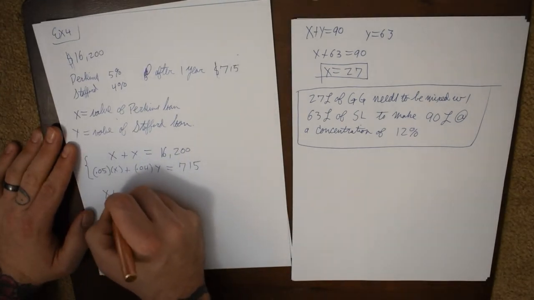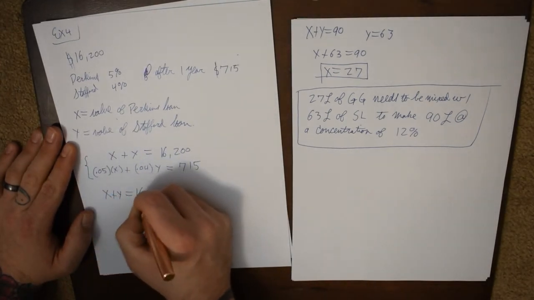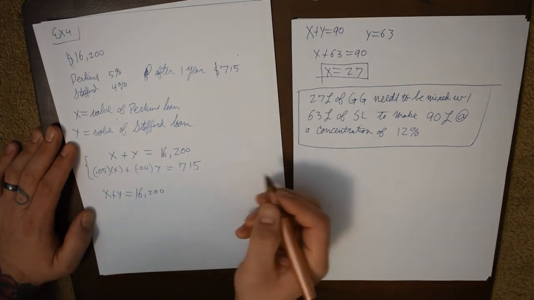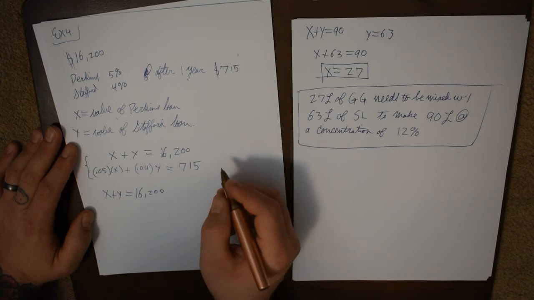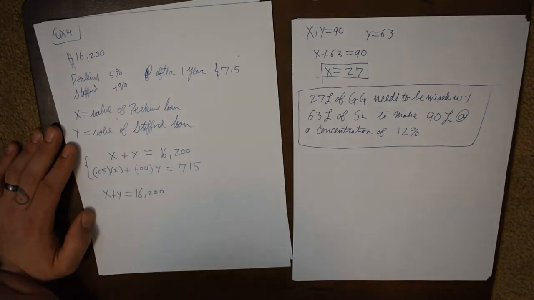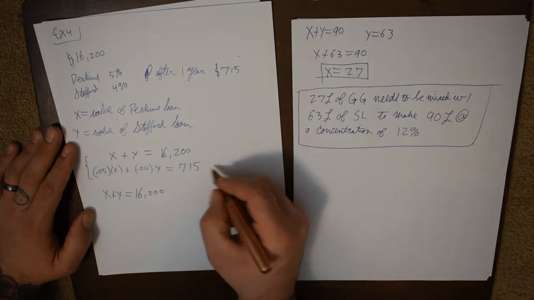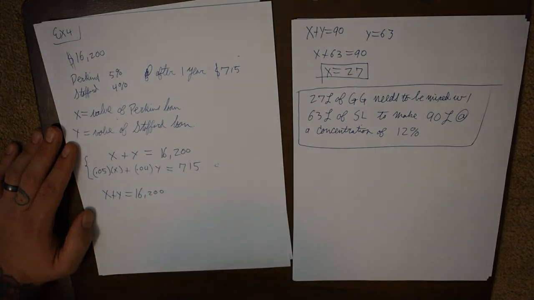So let's say x plus y is equal to 16,200. I'm debating whether or not I want to move my decimal. It's nice to clear out decimals, but we're also going to end up with a fairly large number on the right-hand side. Let's go ahead and do that.